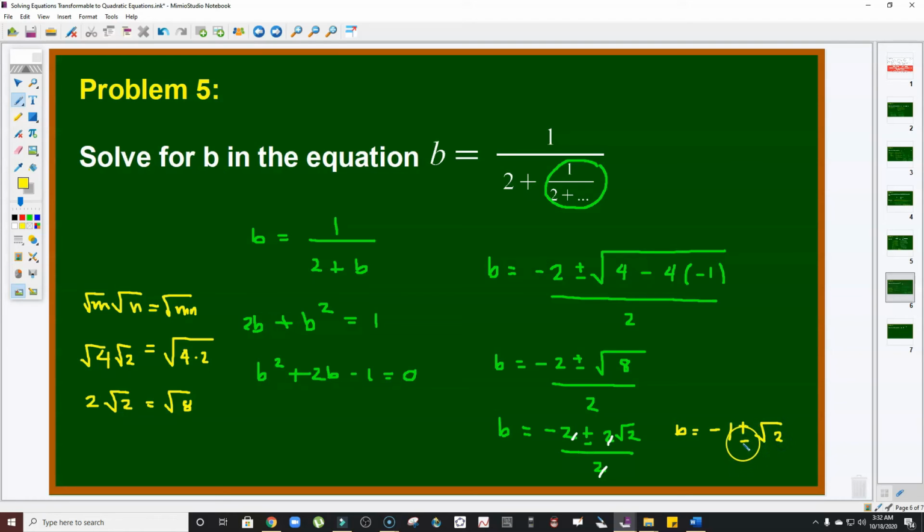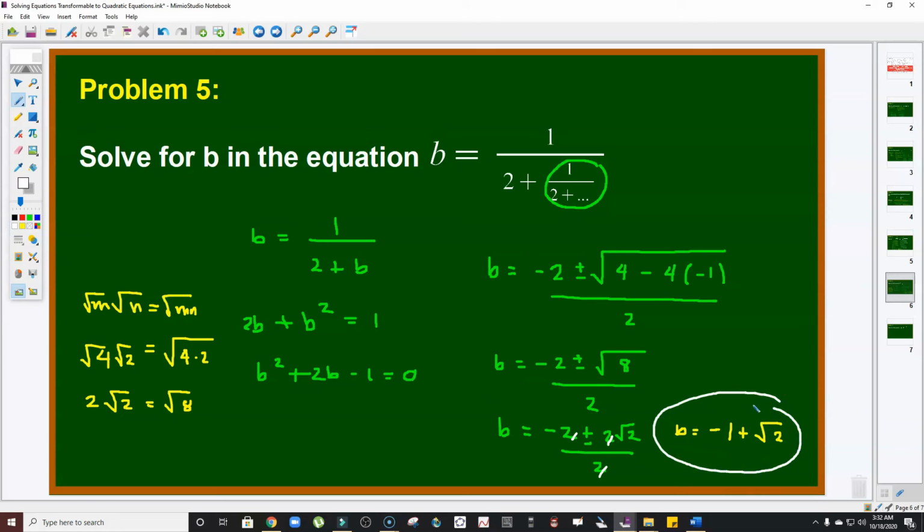But take note, you have to be very careful. If I take the minus option, negative 1 minus square root of 2, that's a negative number. So, b will never be negative. So, we have to ignore the negative 1 minus square root of 2. Okay? Are we clear? So, the final answer here should be only the positive one: square root of 2 minus 1, or negative 1 plus square root of 2. Only.